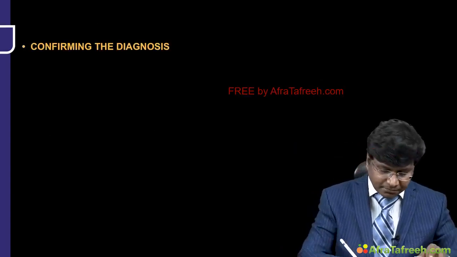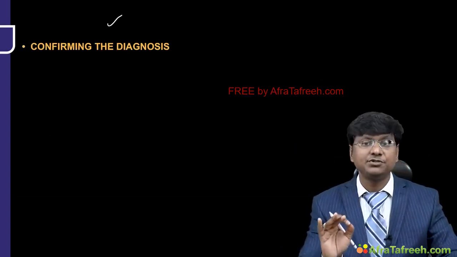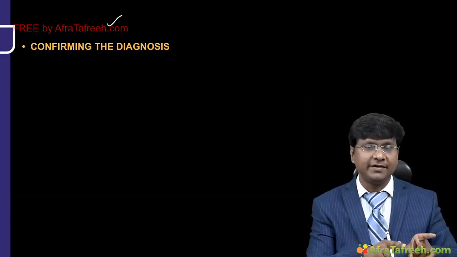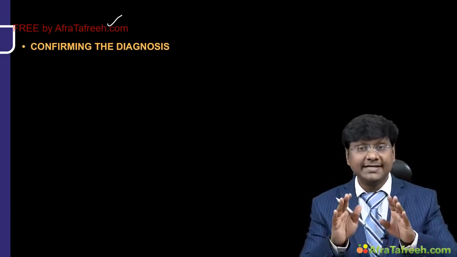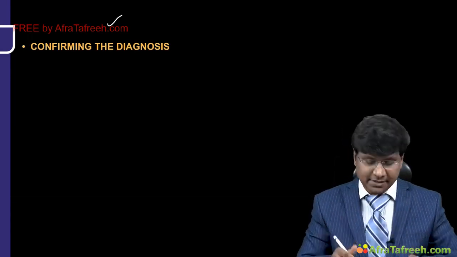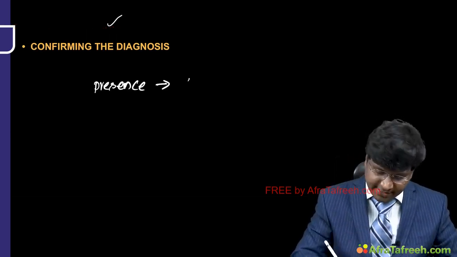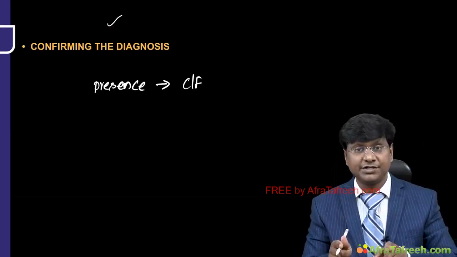Now, coming to the confirmation of the diagnosis. Remember, there is no definite test to diagnose acute rheumatic fever or rheumatic heart disease. Diagnosis of acute rheumatic fever completely relies on the presence of the typical clinical features.